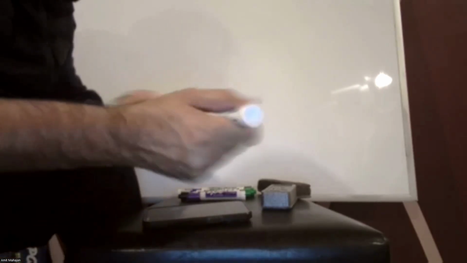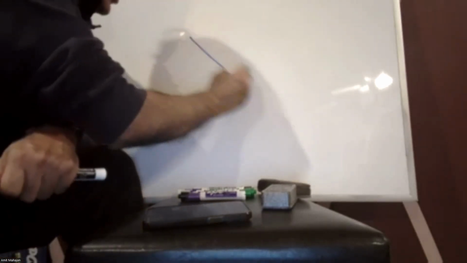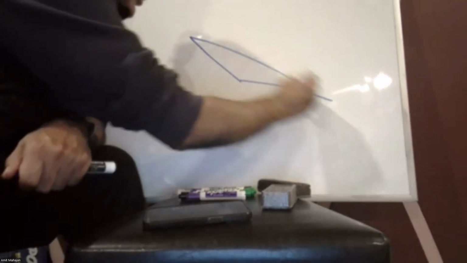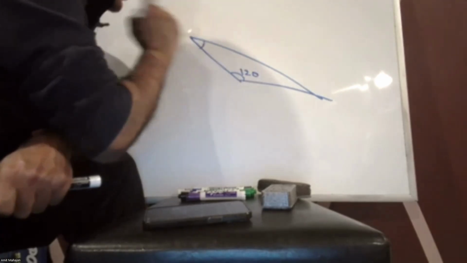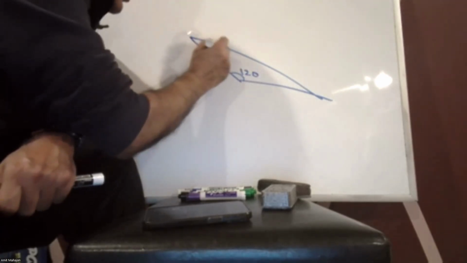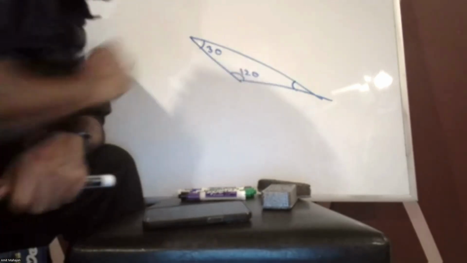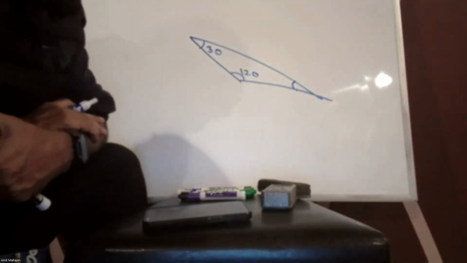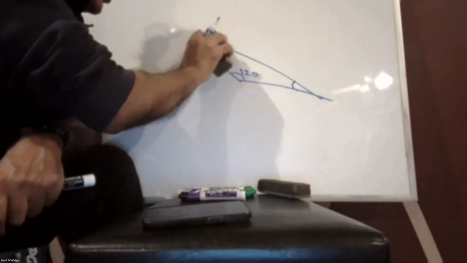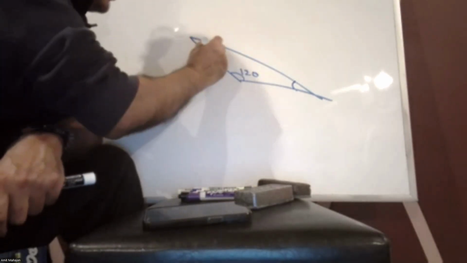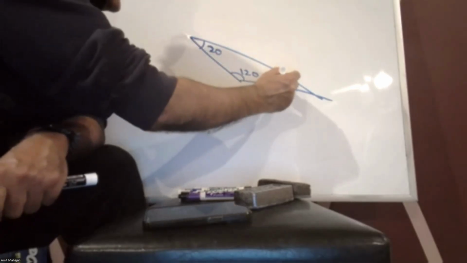Let me draw a triangle here. This I'll call 120. This I will call 30. What will be the measure of this third angle? 30. Yep, you're totally correct. What made you say 30?